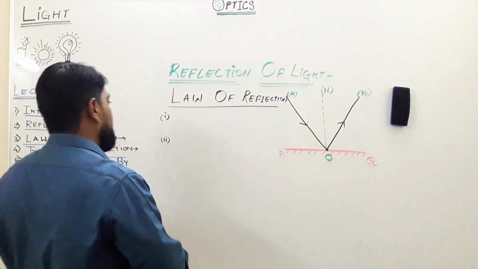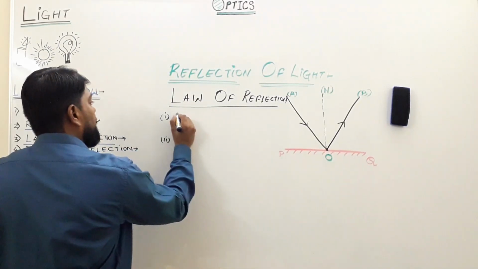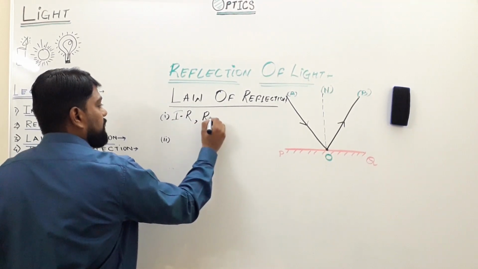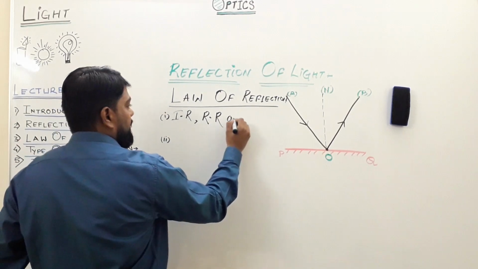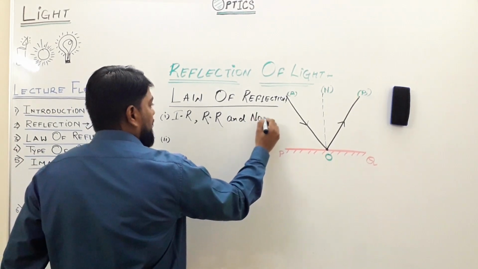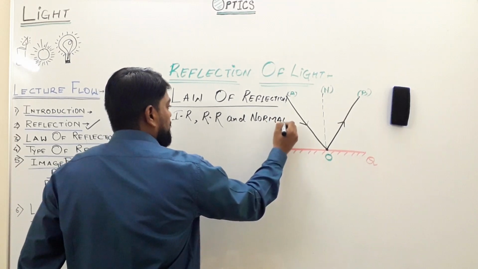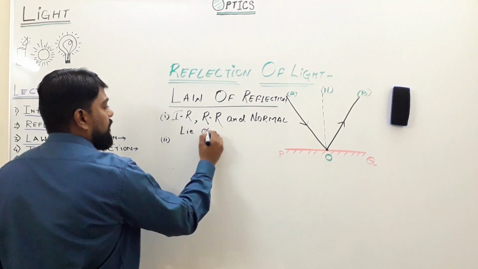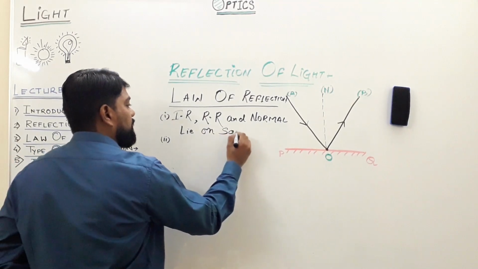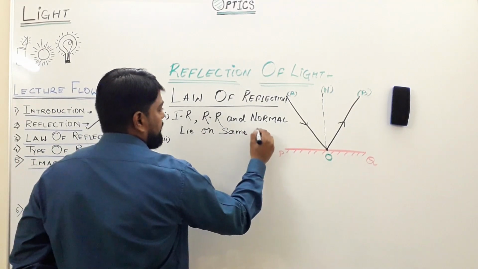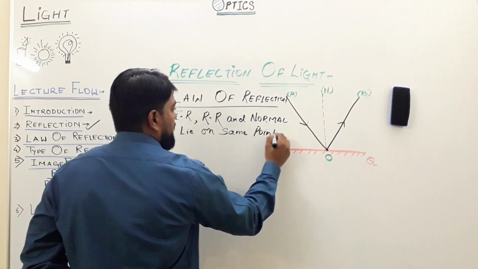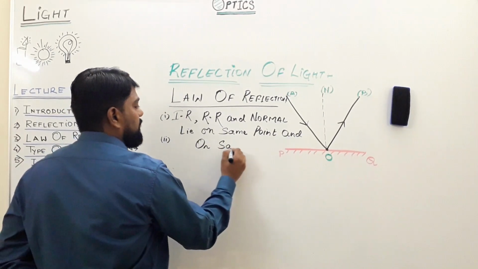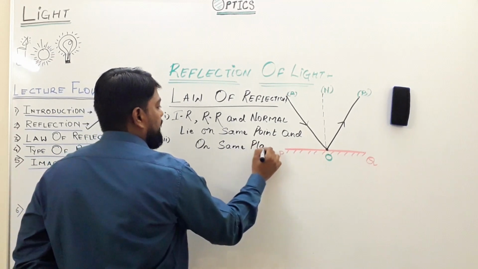So that's why in the first law of reflection we say that incident ray, reflected ray, and normal lie on the same point and on the same plane.